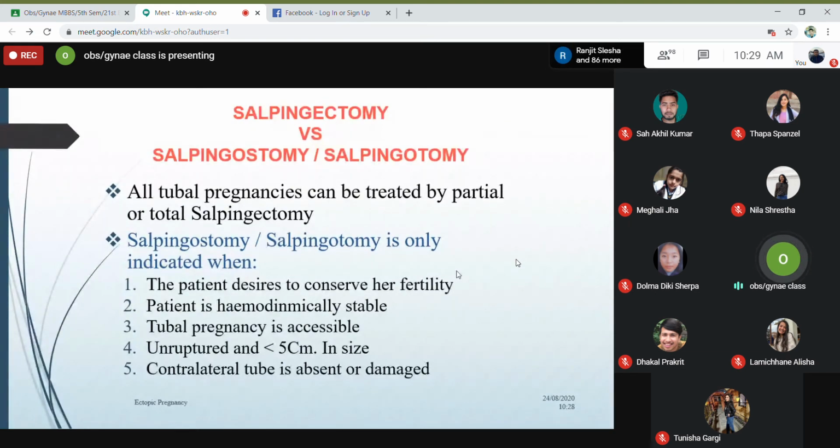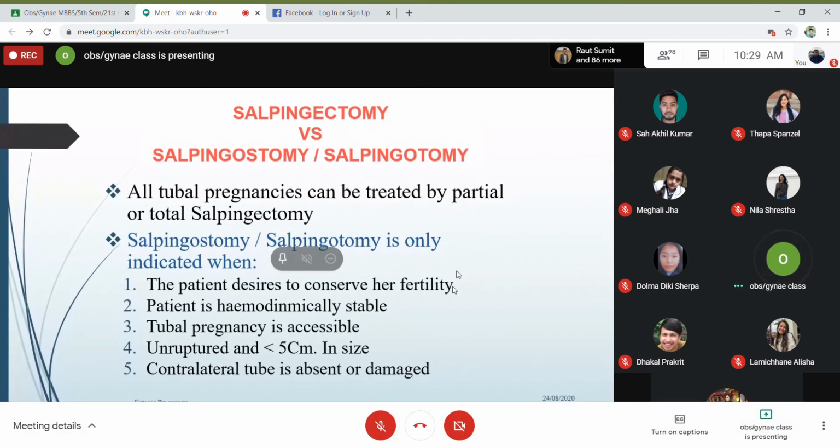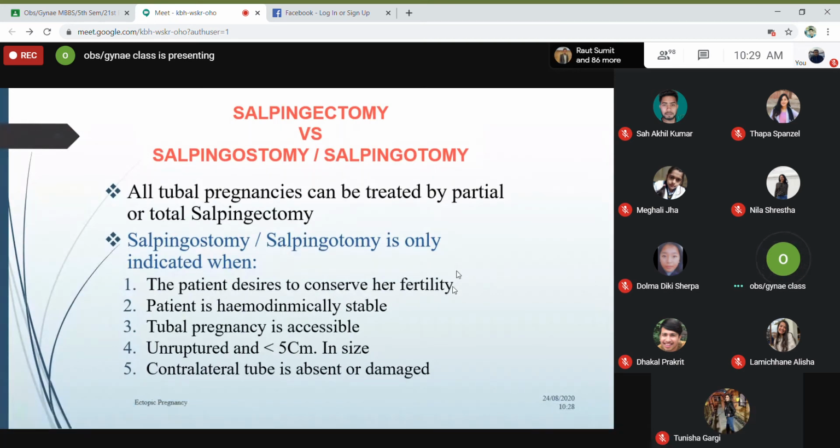So it is accessible, unruptured, less than 5 centimeters in size, and the contralateral tube is absent or damaged. This is when you do a conservative surgery for the tube. Salpingostomy and salpingotomy are conservation of the tube. You're not cutting out the tube, you're leaving the tube for her.